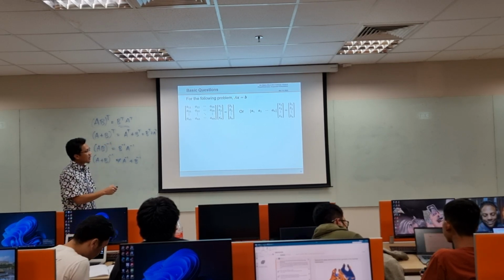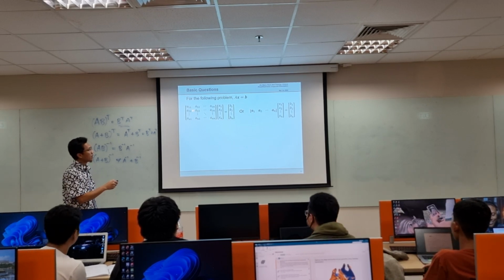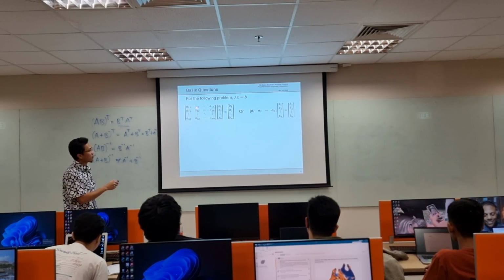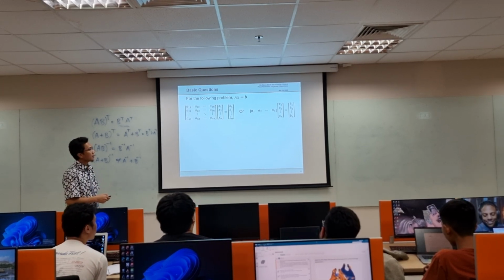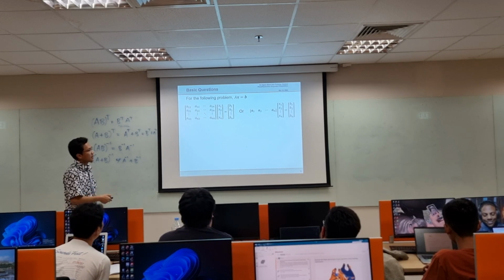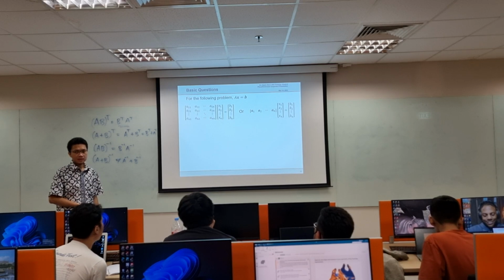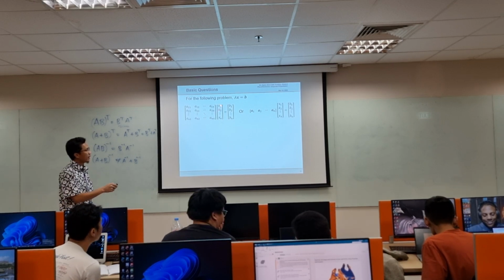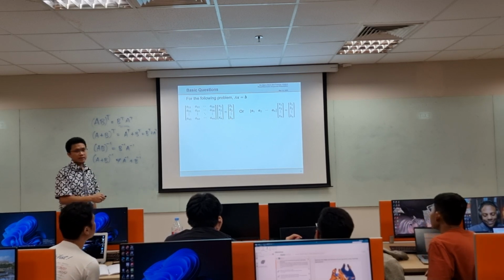The matrix A can be viewed element-wise. So I write down here the elements of A, an n by n matrix. In this case, I take an example of a square matrix, but it can also be a rectangular matrix. And this is x from x1 to xn, and this is b1 up to bn.